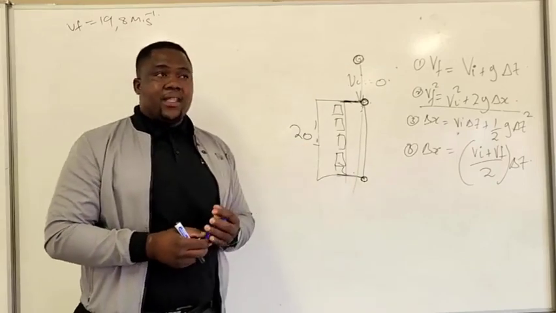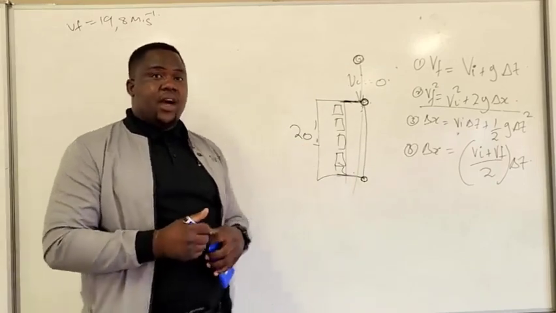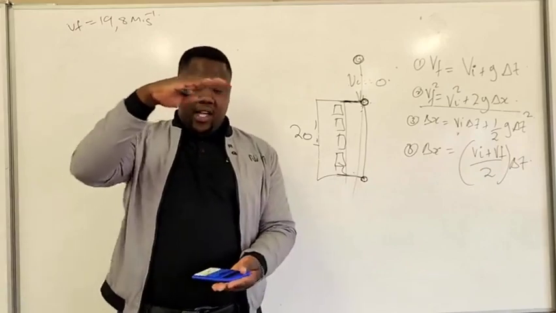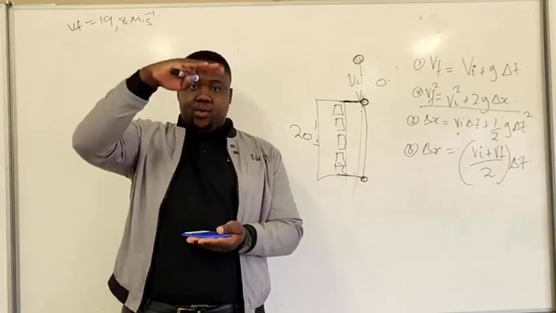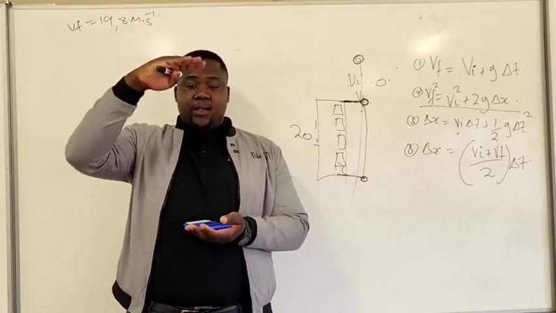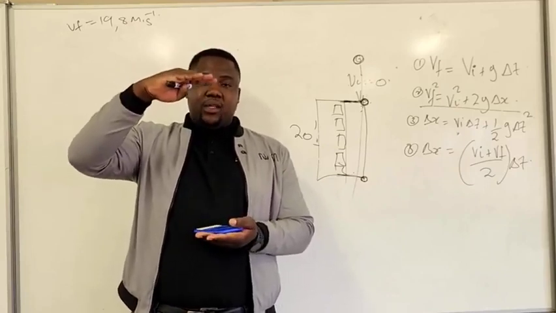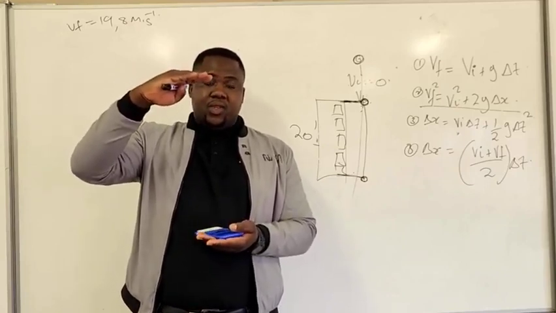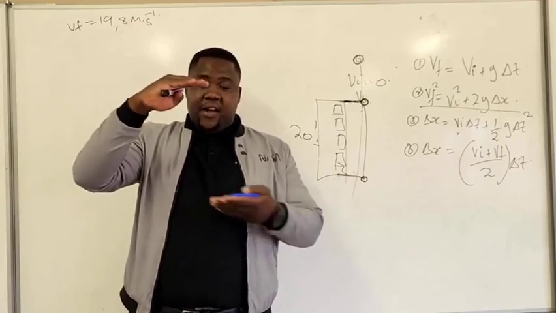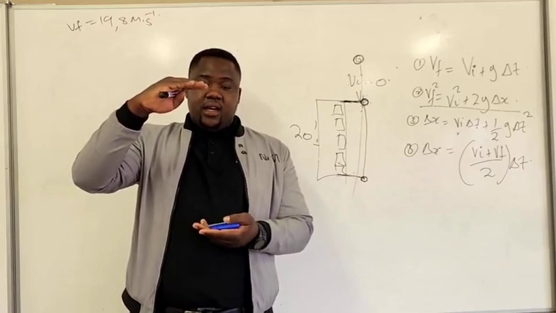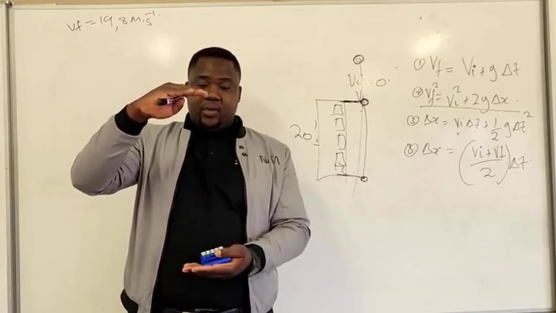So remember that we have information now. We have the initial velocity, the final velocity, and we have the distance that was traveled.